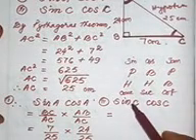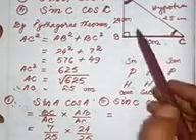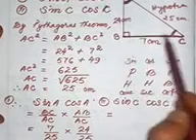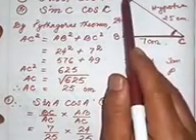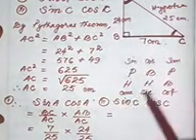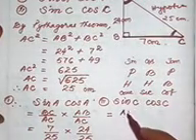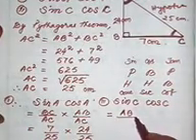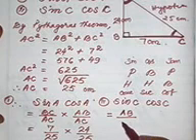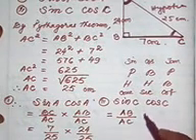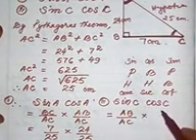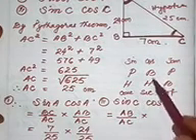When we take angle C, perpendicular will be AB, BC will be the base. So perpendicular is AB by hypotenuse AC, into cos, which is base by hypotenuse.